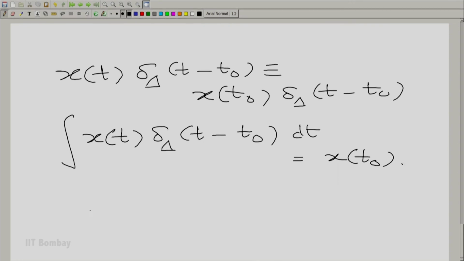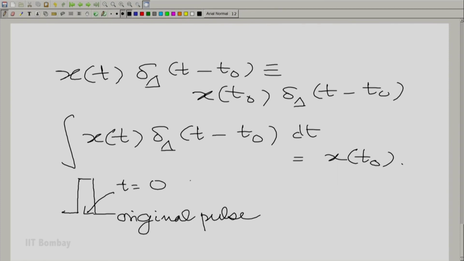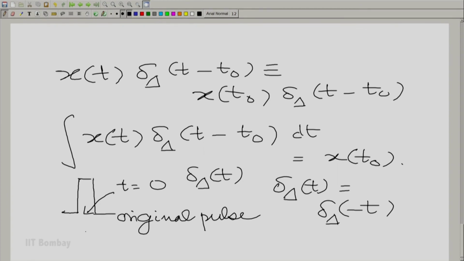Now, let us take this particular pulse that we drew. Let us assume that it is symmetric about t equal to 0, the original pulse. Let us call it delta, capital delta t. And let us note that delta, capital delta t is equal to delta, capital delta minus t, if we assume that it is centered at 0, as we have done here.